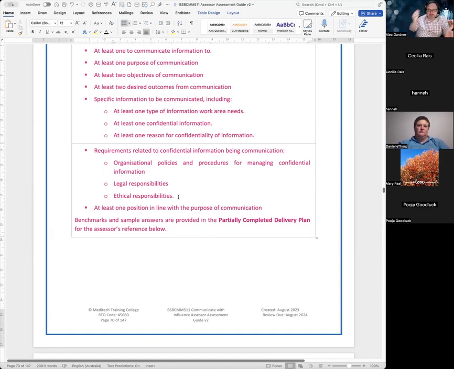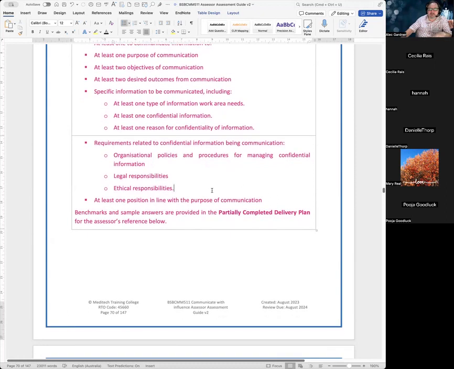Now, the ethical responsibilities for the seniors may be the plans that you're going to put in place, some of the things that in your research that you've looked at. You don't want to stereotype and say that you're going to have more female seniors than male seniors because ladies live longer than men. And at least one position in line with the purpose of the communication.